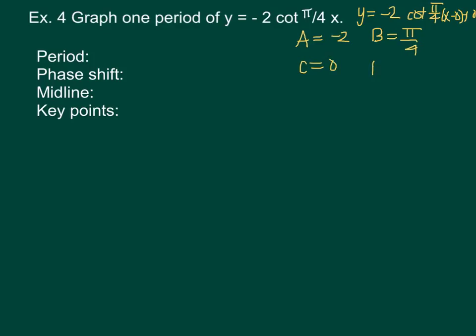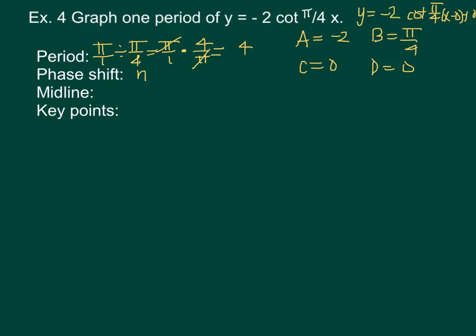C is 0, D is 0. Period is pi divided by B, which is the same thing as pi times the reciprocal. Look what happens to the pi. So your period is 4.